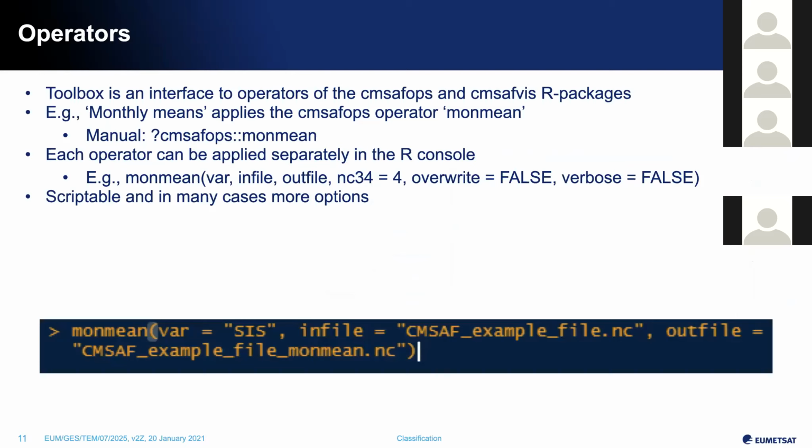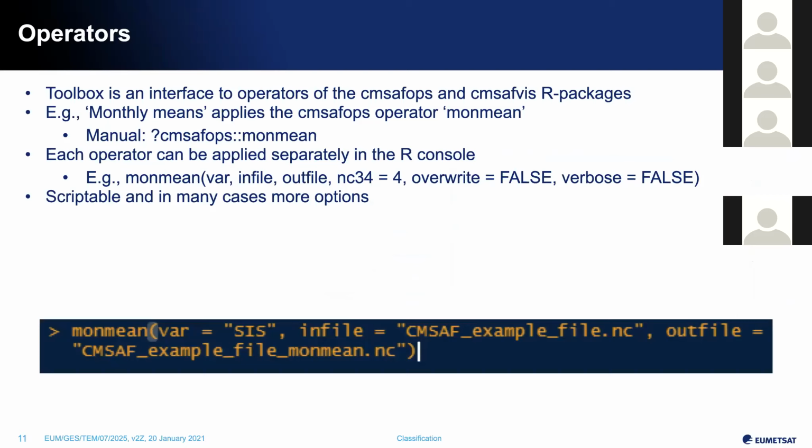The toolbox is a graphical interface for several operators. When I'm talking of an operator, I mean functions such as monthly means or seasonal sums. If you click in the toolbox on the monthly means, for example, this applies the CMSAF operator monmean. Each operator can also be applied separately in the R console.